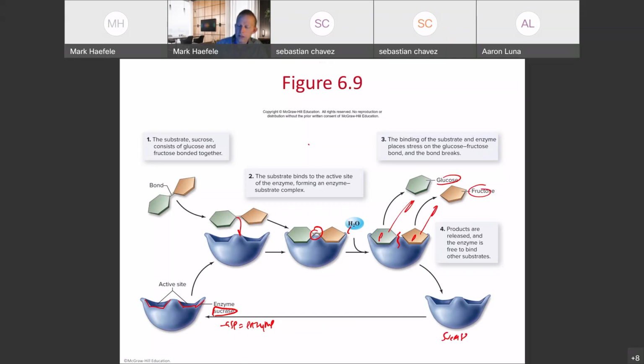So when we take a look at sucrase, let's see whether it conforms to our two components of a catalyst. First of all, does it speed up the reaction? How long does it take for sugar to break into glucose and fructose? If I took a pile of sugar and put it on the table and asked you to come back in 3 hours, is that sugar still going to be there?